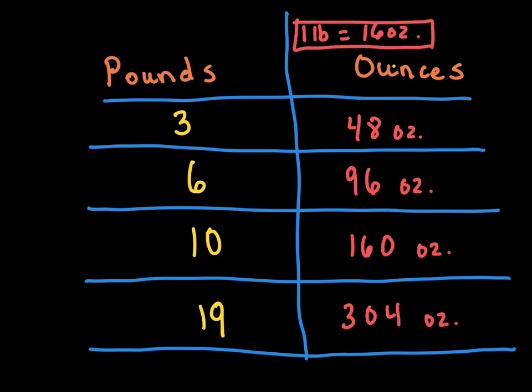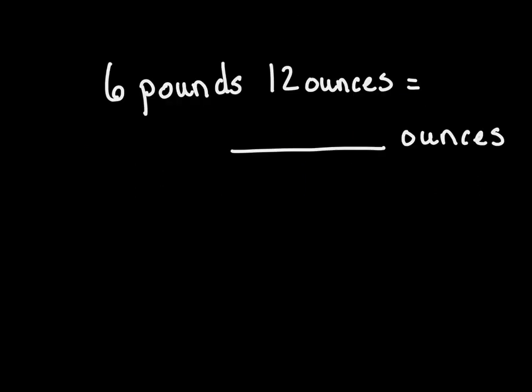So multiplication is going to help you solve this input-output chart using the conversion that 1 pound is equal to 16 ounces. 6 pounds and 12 ounces is equal to how many ounces? Well, we take the 6 pounds and convert that into ounces. 1 pound is equal to 16 ounces.